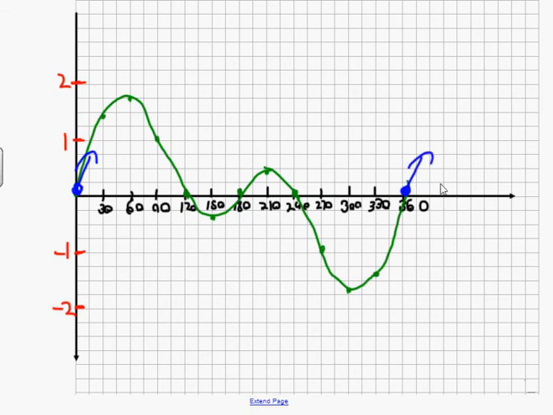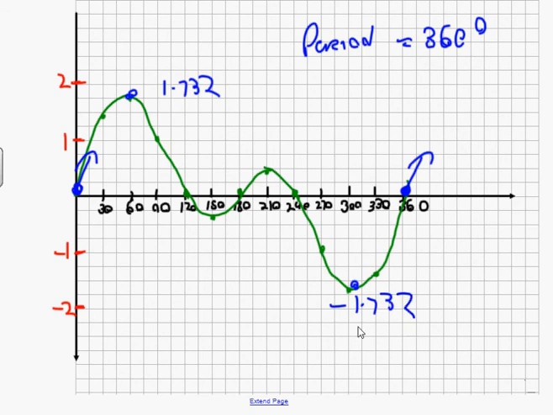What does that mean about the period? Period is 360. And what about the range? Minus 1.732 to plus 1.732.